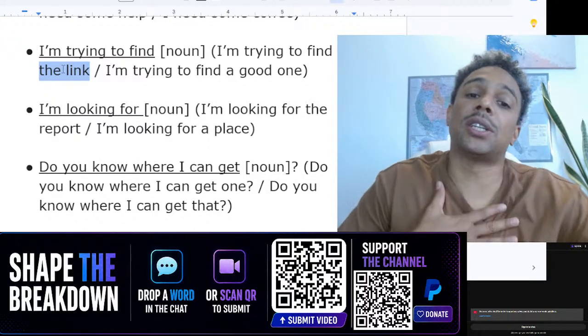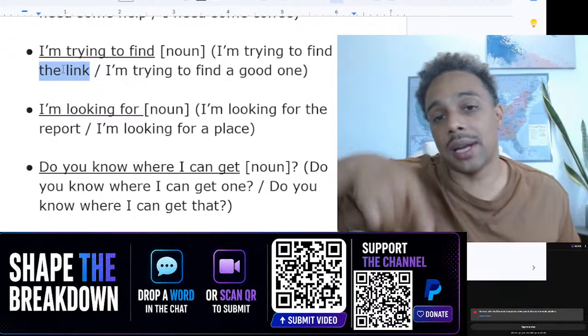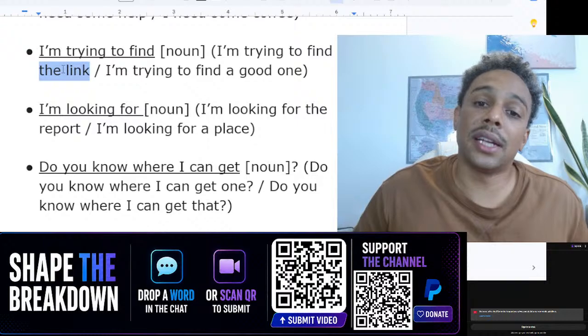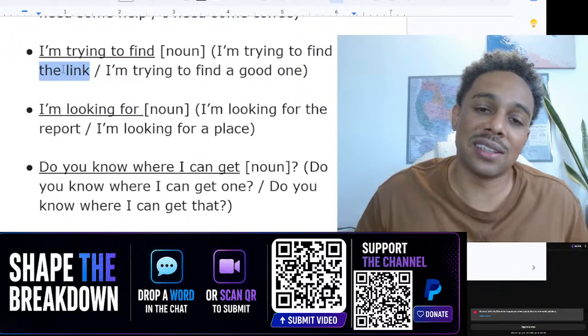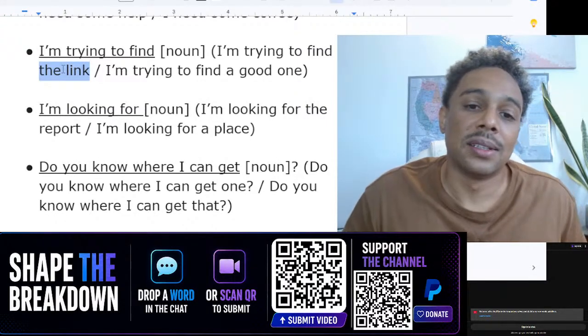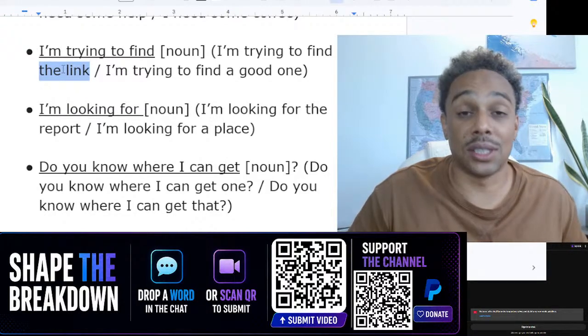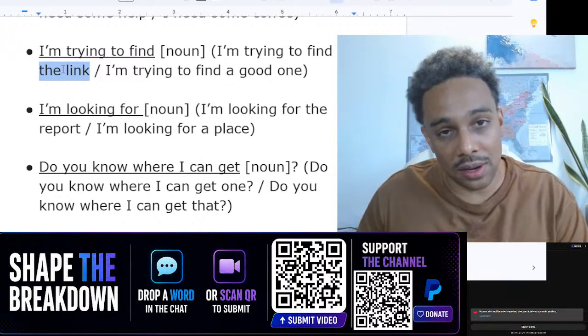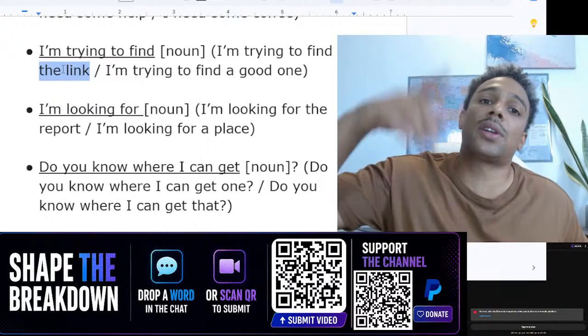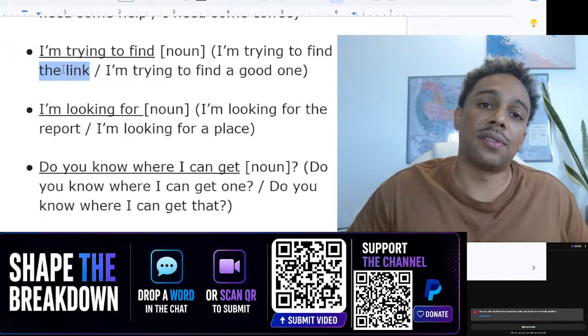Listen to the pitch, musicality, vibration, up and down. I'm trying to find the link. Was that too fast? Let me slow it down. Repeat after me. I'm trying to find the link. Did you focus on the vibration or did you focus on the letters? Focus on the vibration. Focus on the pitch. I'm trying to find the link.